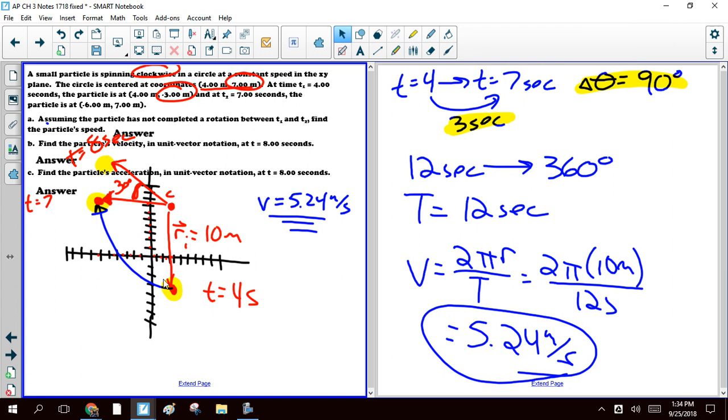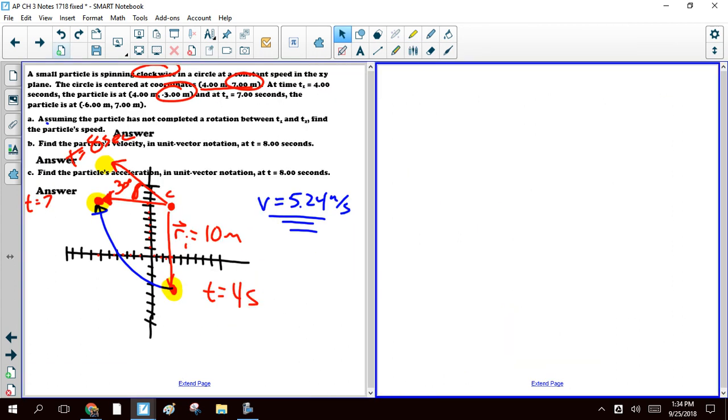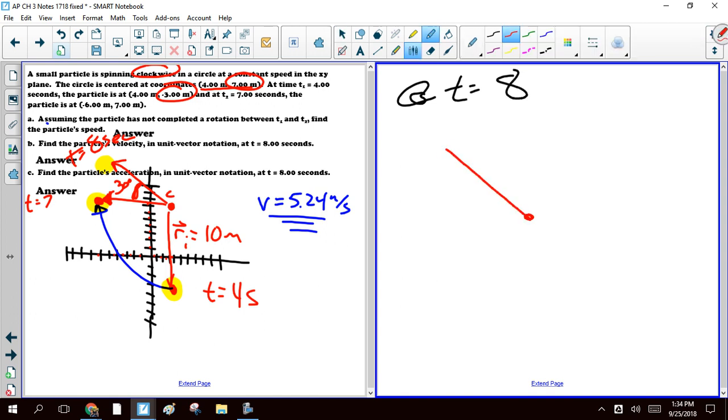So let's see what we can figure out here. So at t equals 8, here's what we know. So this is 30 degrees. We know that our radius is 10 meters.